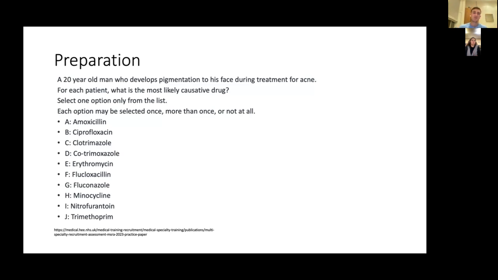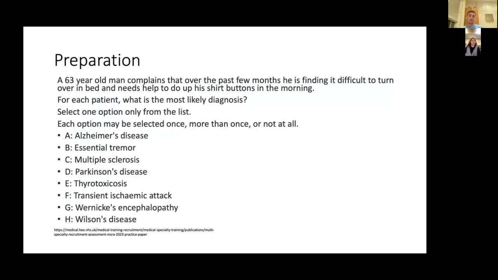How many antibiotics do we use to treat acne? Not that many. And on this list, pretty much none. So there's one that stands out, and that's the tetracycline, which gives you sun sensitivity. So the answer to this is minocycline. Go through it again, and you'll quickly get the hang of it.